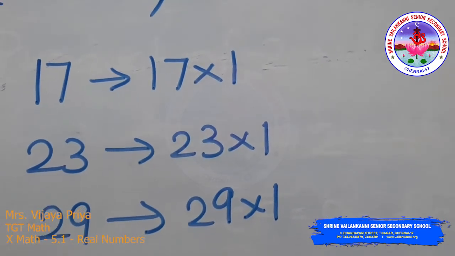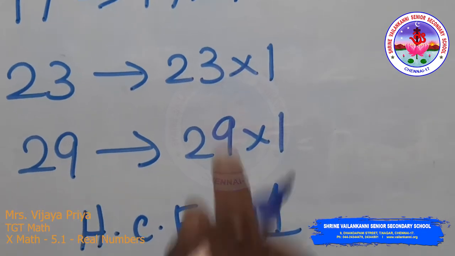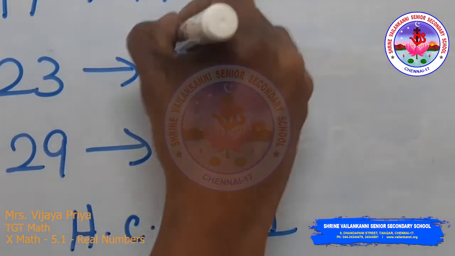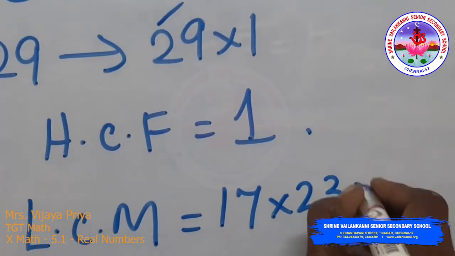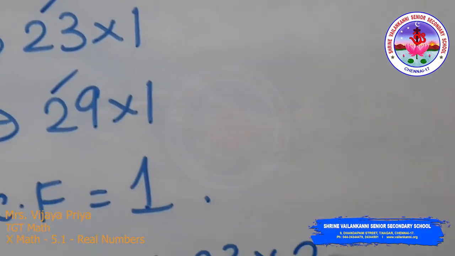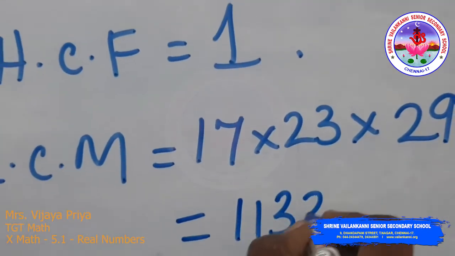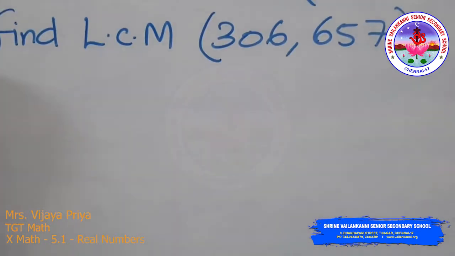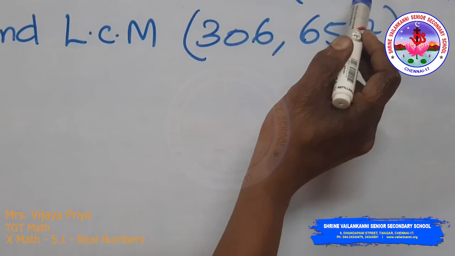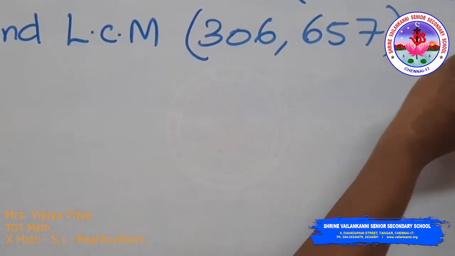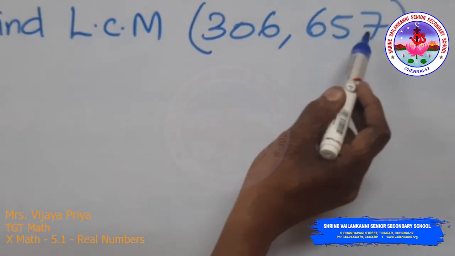So my HCF will be equal to 1 and LCM is, leaving the 1, the other numbers, you can multiply 17 into 23 into 29, which is equal to 11339.